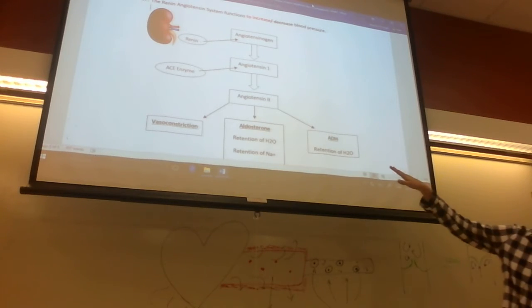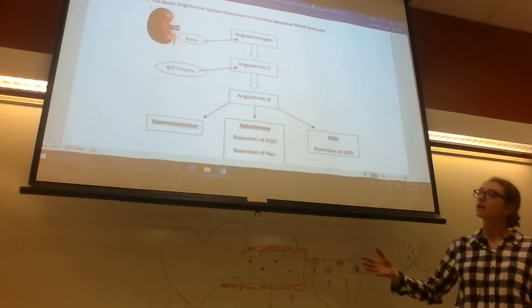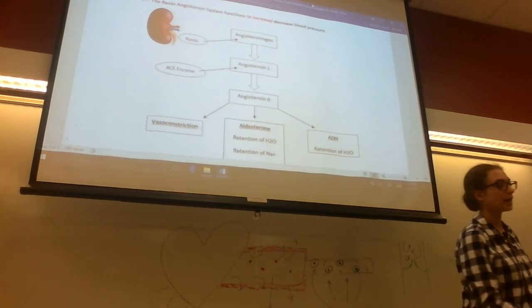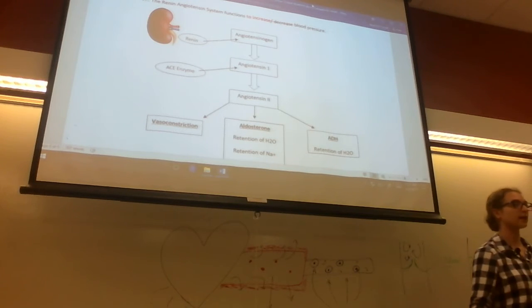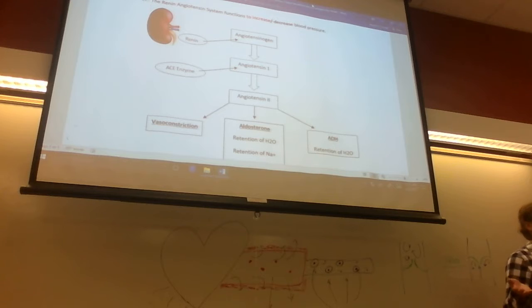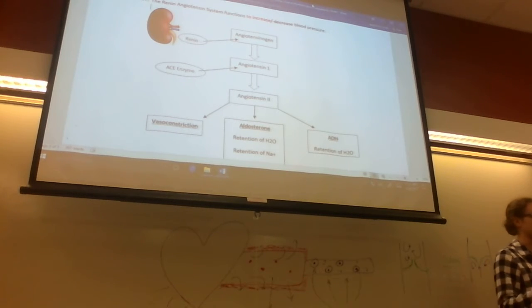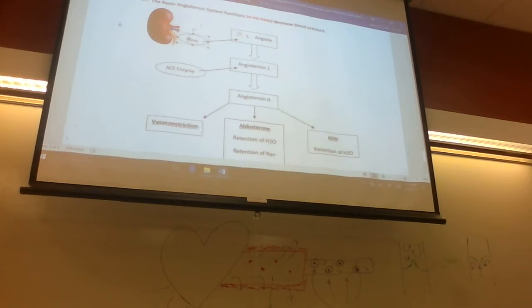Your angiotensinogen is just like a hormone or an enzyme, and it's just floating around in your bloodstream. So that's the first step: angiotensinogen is floating around doing its own thing. Step number 2 is renin.